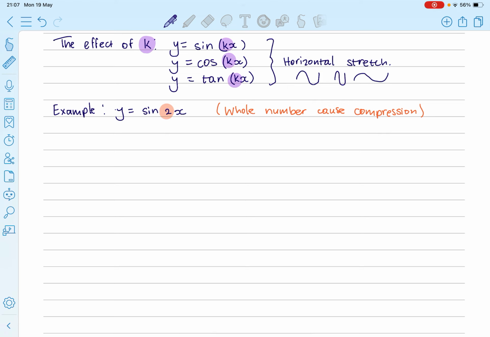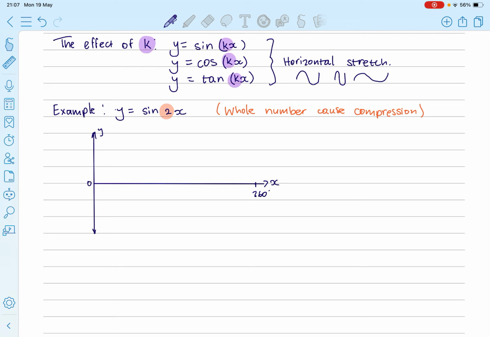Okay, so let's draw the standard graph of sine x. Whenever we are looking at different parameters, we always want to start with the standard graph. Okay, so this is y. And this will be my x-axis.